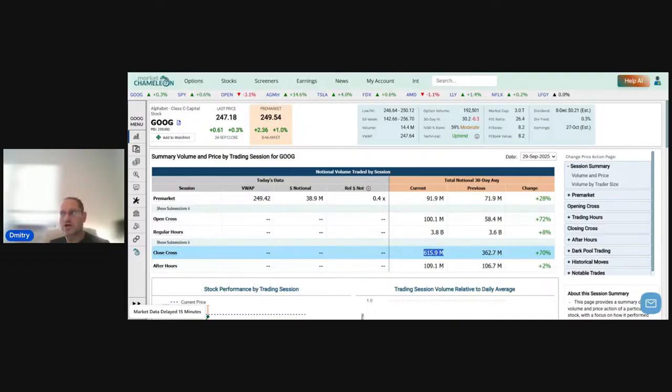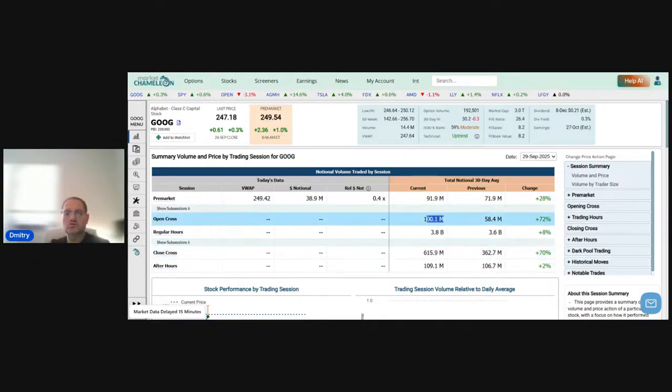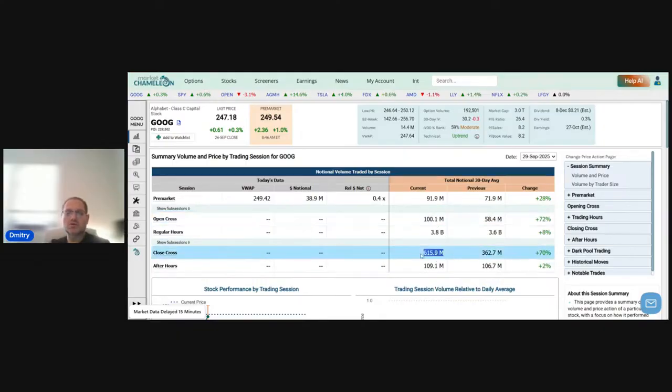So you'll have those types of institutions or strategies that require that closing price. It's not based on the opening price. So you'll typically see higher dollar volume at the close than you do at the open. Okay.